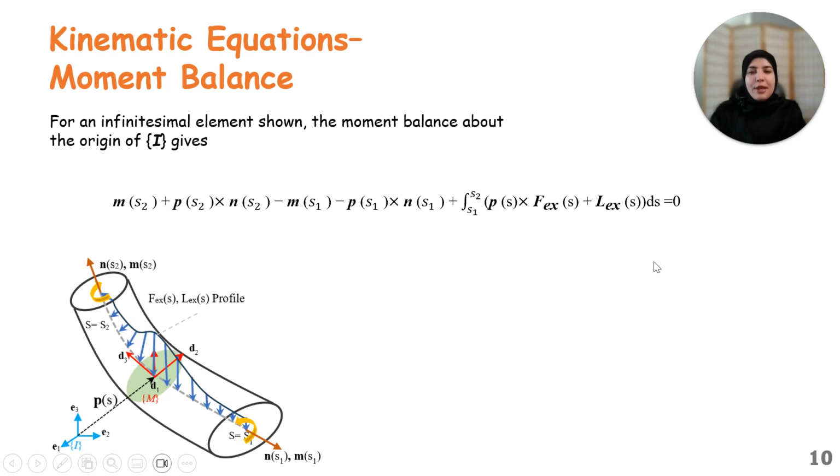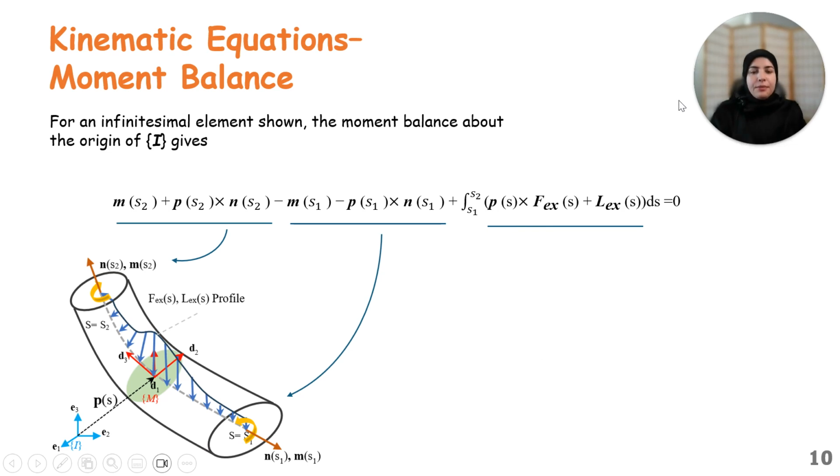As you see, this equation includes contributions from the moments and the cross product of the position vector and internal forces from both the end and the beginning cross sections, and also the contribution from the position vector and external forces and external moments. This equation ensures that the net torque along the rod remains in equilibrium over the interval.